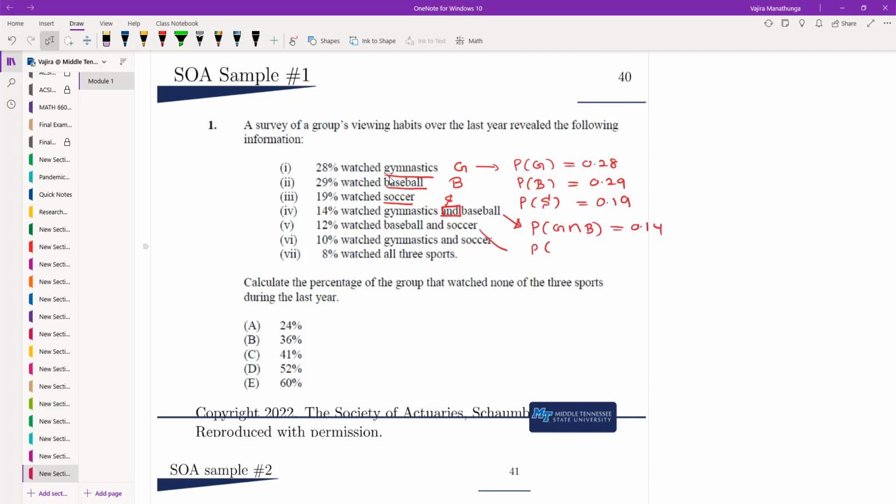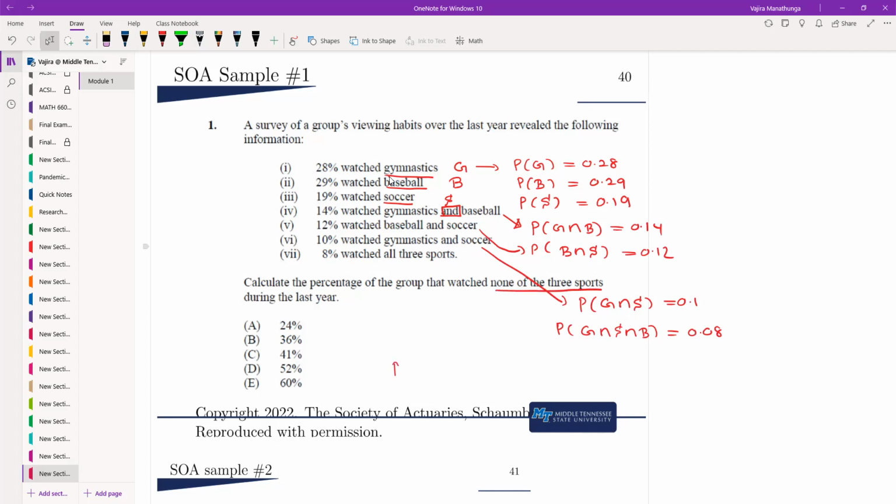Probability of baseball and soccer is 0.12. Probability of gymnastics and soccer is 0.1. And the intersection of all three is 0.08.